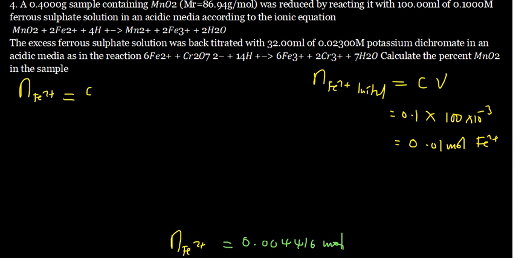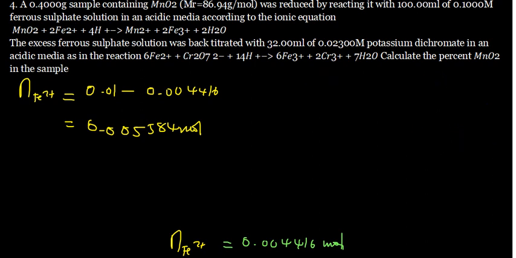Yes, so that would be 0.01 minus those which reacted in the second reaction, 0.0044. So that will be 0.01 minus 0.004416, and that will give us 0.005584 moles.